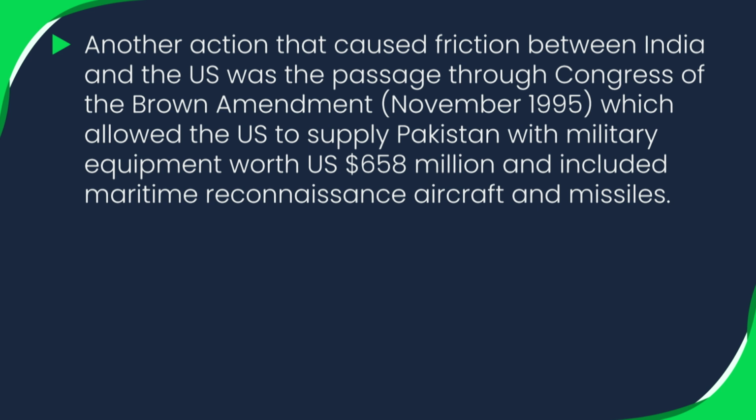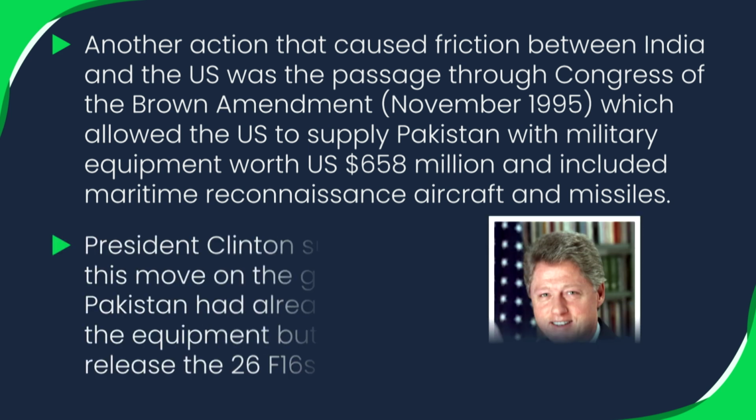Another action that caused friction between India and the US was the passage through Congress of the Brown Amendment in November 1995, which allowed the US to supply Pakistan with military equipment worth $658 million, including maritime reconnaissance aircraft and missiles.